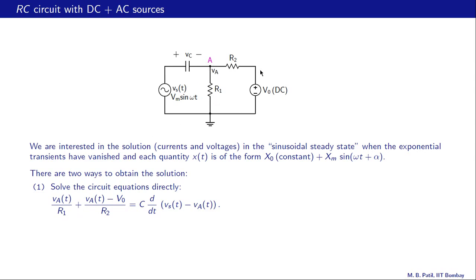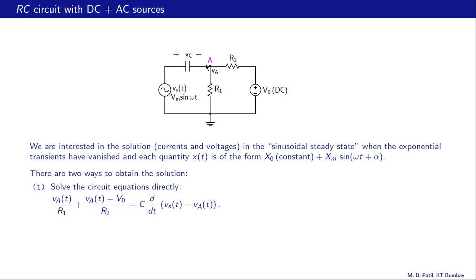This current is VA minus V0 divided by R2, because this node voltage is with respect to this ground V0. So VA minus V0 divided by R2, that is this second term here, and this current plus that current must be equal to the current entering this node from the capacitor side.